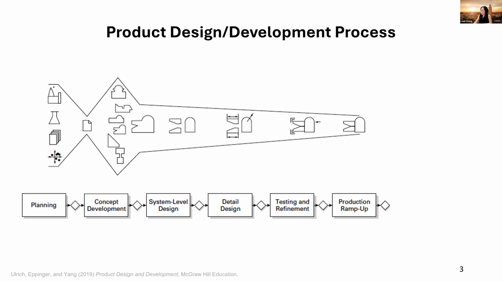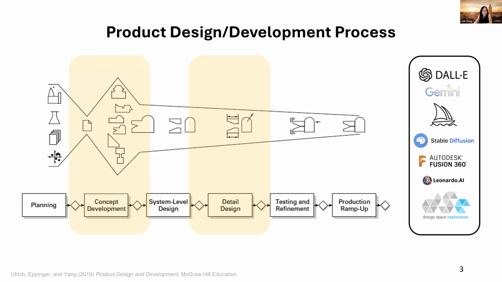To give you a little bit of background, this is the product design and development process that maybe a lot of you are familiar with already, which goes all the way from the planning phase to the production phase. There's obviously concept development, detailed design, and different phases of the design process. As AI is entering this design process, the main research focus has been on two phases: the concept development phase and the detailed design phase.